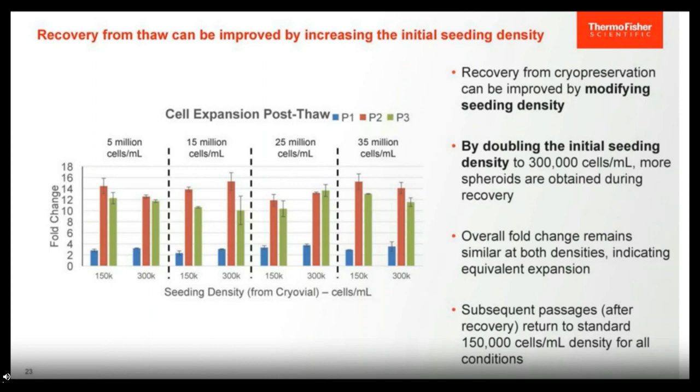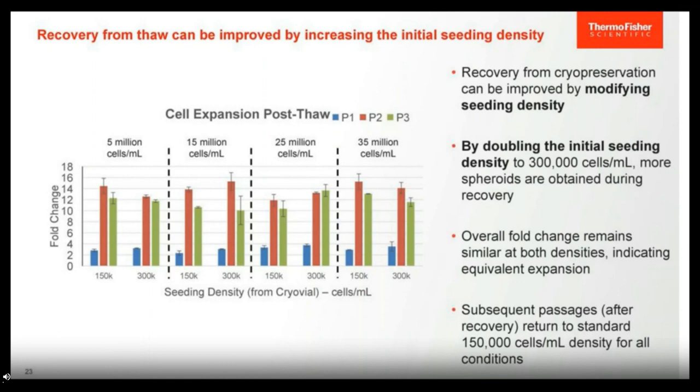So this indicates that we're achieving more spheroids that are growing at the same rate. And when you take those spheroids at the higher density and then feed them into subsequent passages at our standard seeding density, we see again the same expansion potential compared to the previous slides as well.